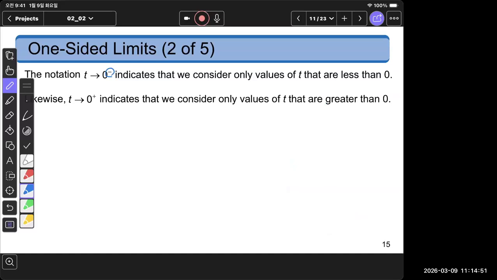That means t approaches 0 from the left. And this plus sign indicates that we consider only values of t that are greater than 0. That means t approaches 0 from the right.